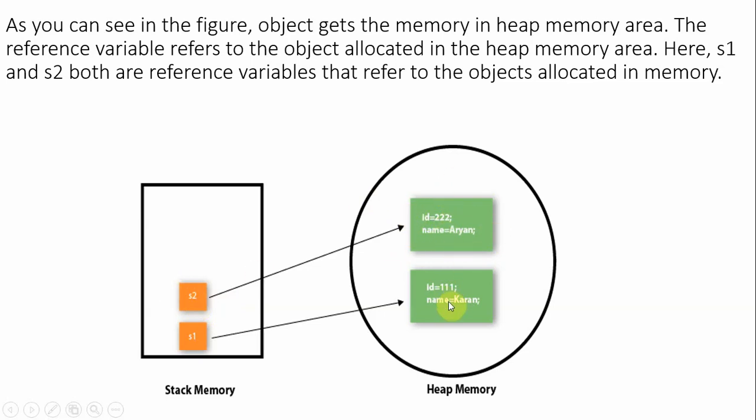This is object 1 and object 2, and where the data is stored, heap memory. Stack memory for temporary, heap memory for permanent. The reference variable is temporary, stored in stack memory; the object is permanent, stored in heap memory. The reference variable always points to the objects, that is the thing.